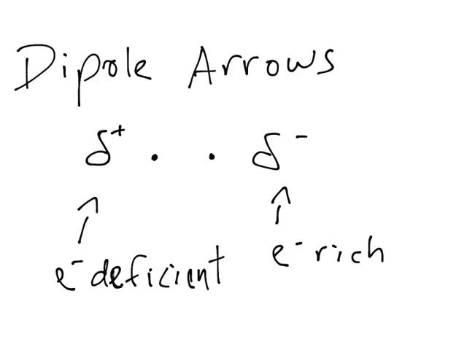A good way to remember is that this side looks like a positive, so it is the delta positive side, the electron deficient one, and the arrow points to the electron rich side.